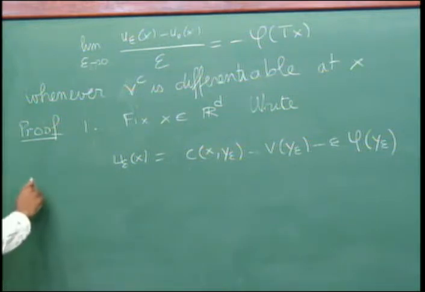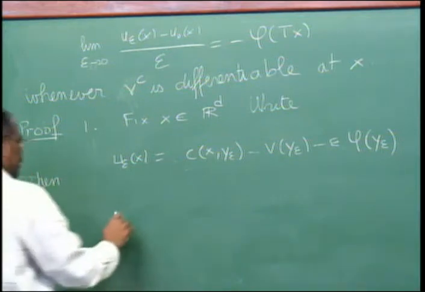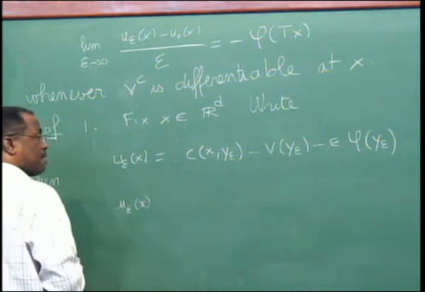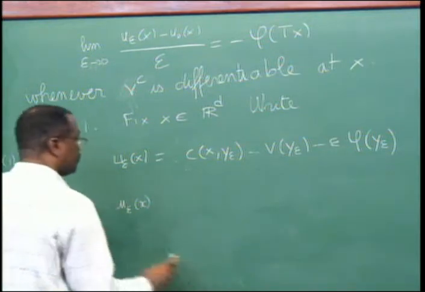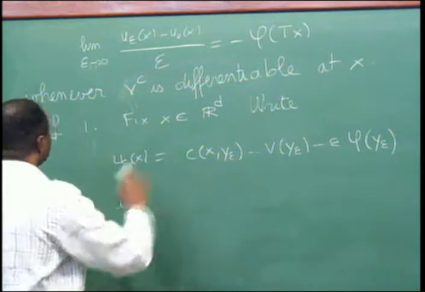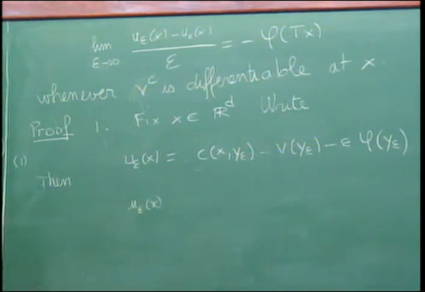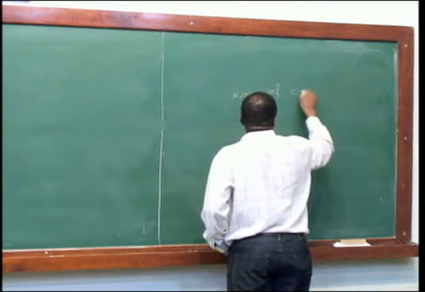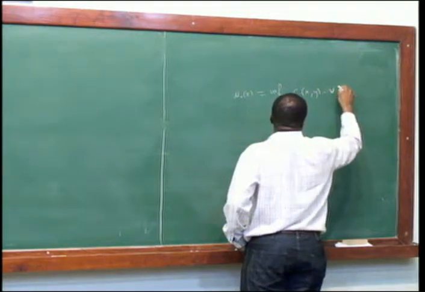Then I can conclude, call this one, that U epsilon of x is greater than or equal to U0 of x, which is the infimum over y of c of x, y, minus V of y.